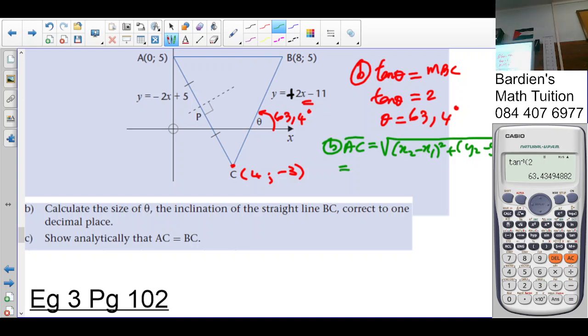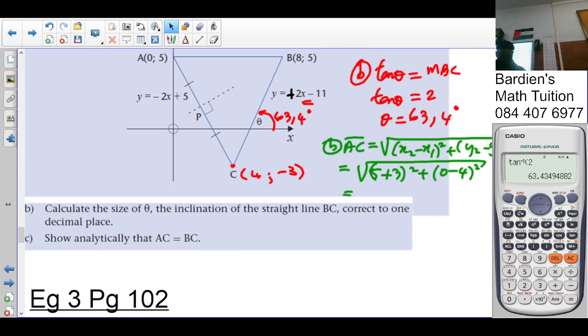For AC, it's going to be the square root of 5 minus minus 3, so 5 plus 3 squared plus 0 minus 4 squared. That gives us 4 root 5. Let's look at BC.